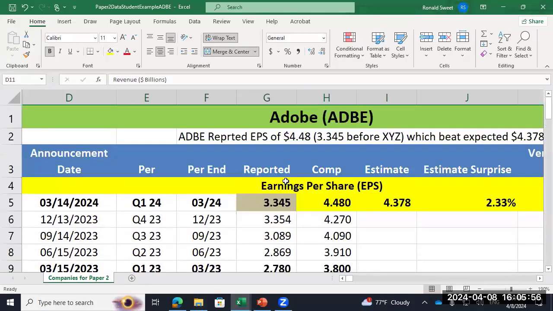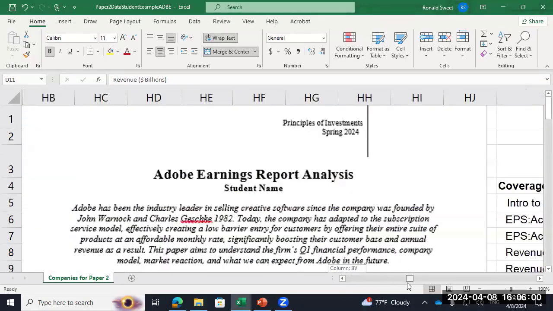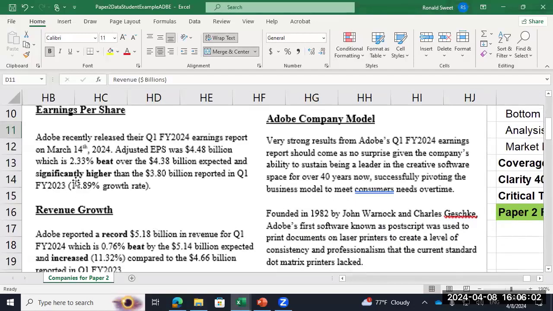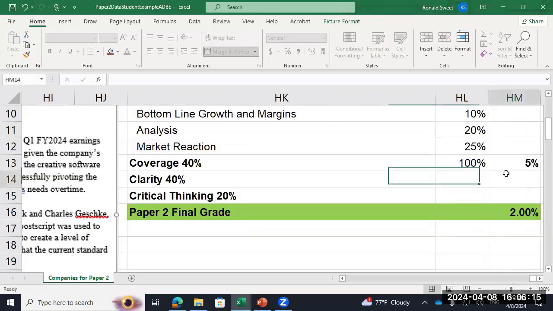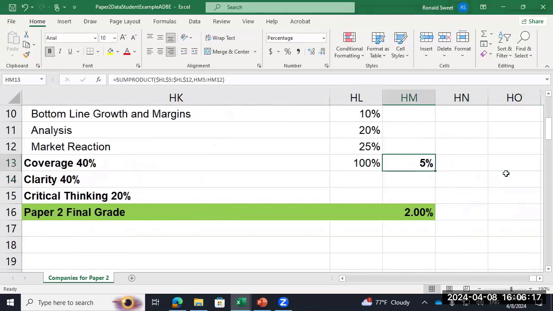There's billions there. So that is $3 and that is $4.48, which is 2.33% beat over the expected and significantly higher than the prior quarter last year. All right. So I would probably count off for the billion being in there, but who knows?